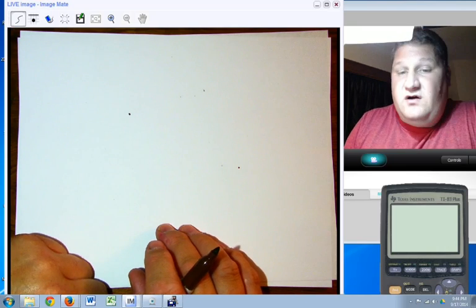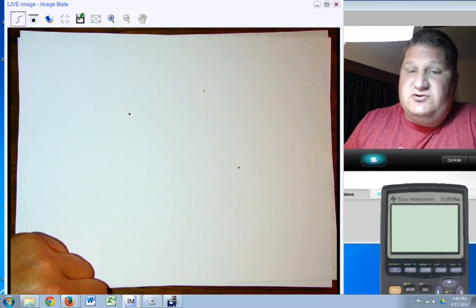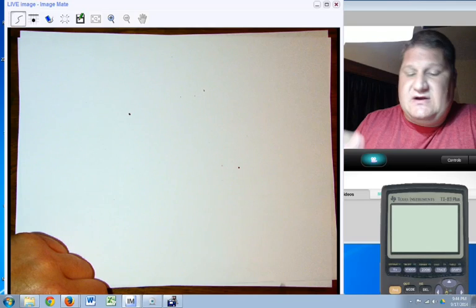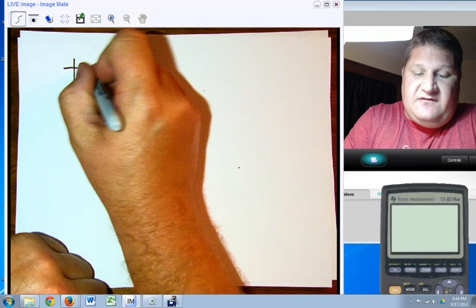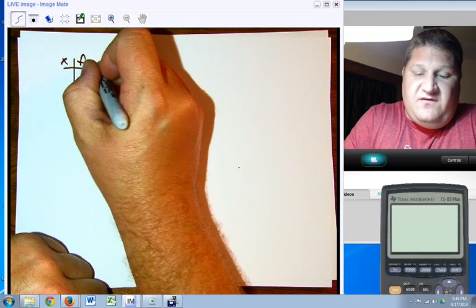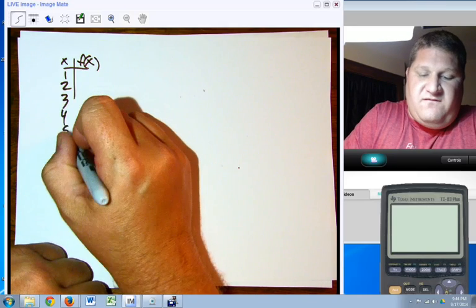Okay, we've talked about the inverse as something that you can do symbolically with x's and squares and things like that. If we have something that's numerical, I have some function where I have x and f of x, and I have 1, 2, 3, 4, 5.